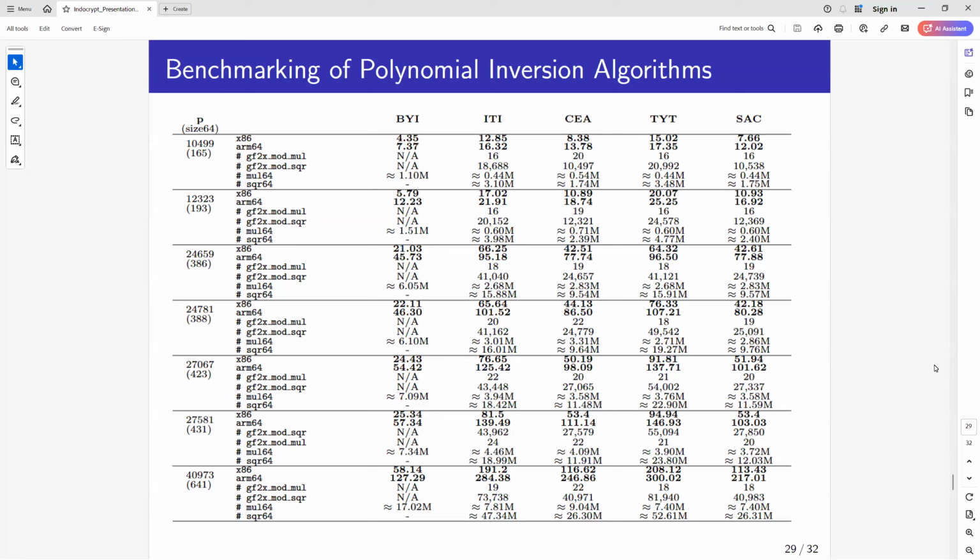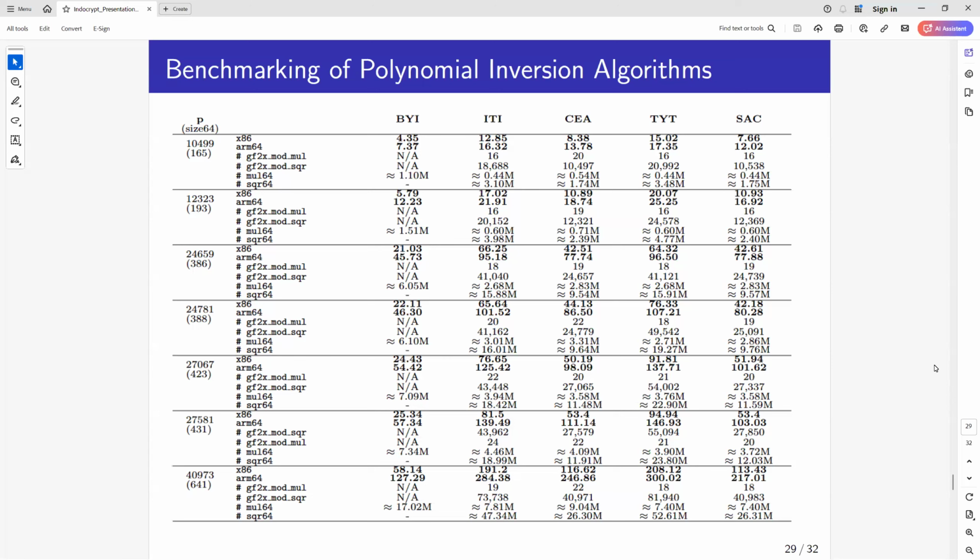Okay, so this was the benchmarking. We can see that for BYI, the number of clock cycles is significantly lower in the software implementation, for both x86 and ARM64. There is no modular multiplication and modular squaring for BYI. How many times mul64 happens is in millions, 1.10 and 0.44.